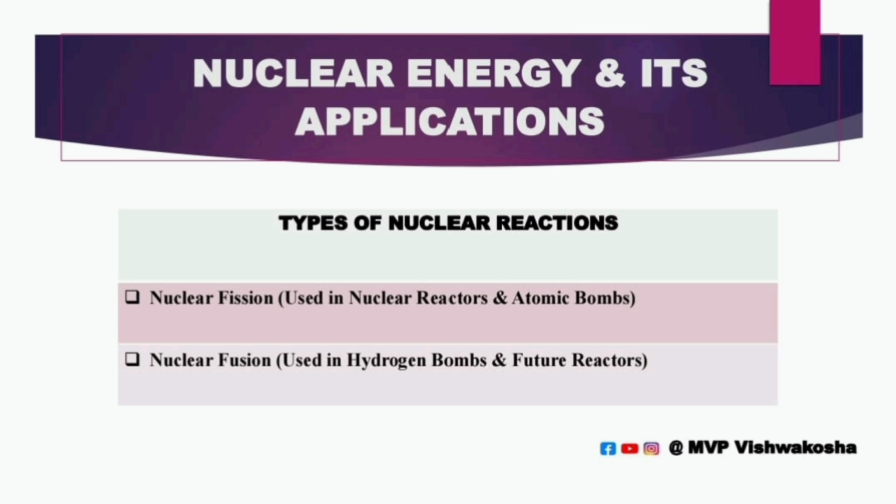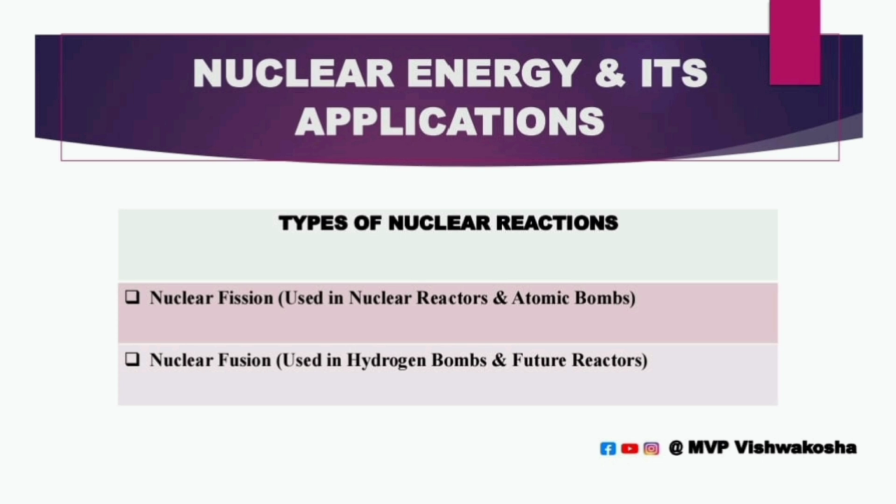Examples are hydrogen bombs, and also future fusion reactors, which is very important. Nuclear fusion is the process that powers the sun and is being explored for clean energy. Mainly it is the fusion reaction, how the sun is formed, right? That is due to two light nuclei fusing.